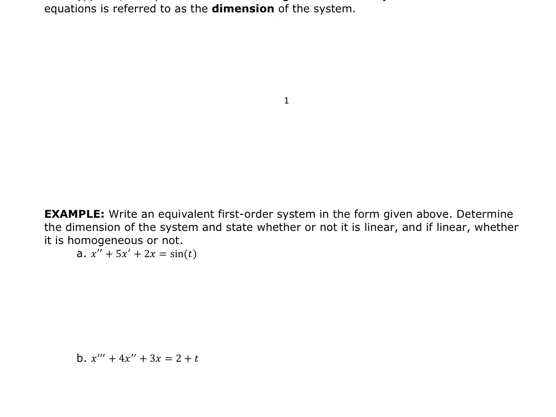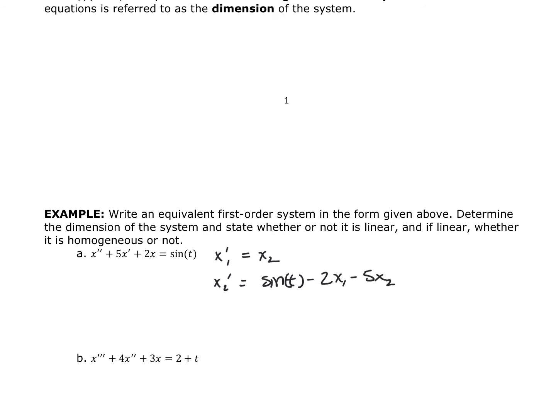So the first thing we're going to do is something really similar. I'm going to say x sub 1 prime is equal to x sub 2. Nice, easy way to start out. That means x sub 2 prime is equal to the sine of t minus 2 x sub 1 minus 5 x sub 2.